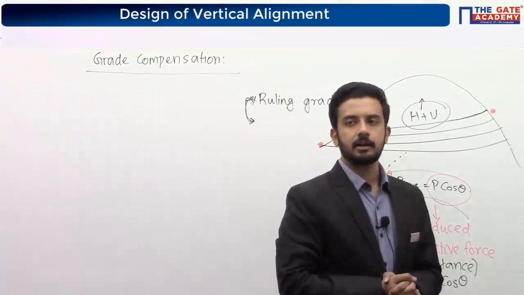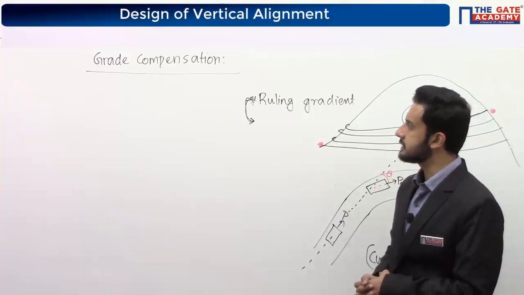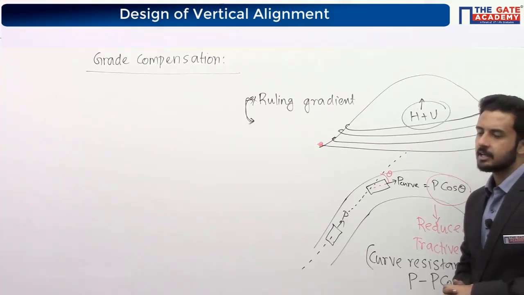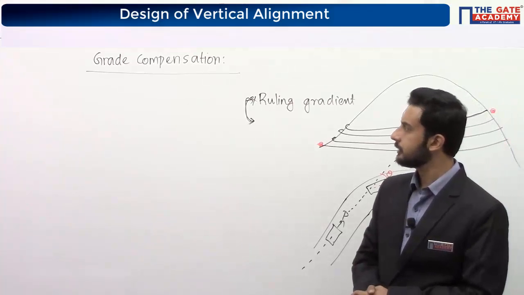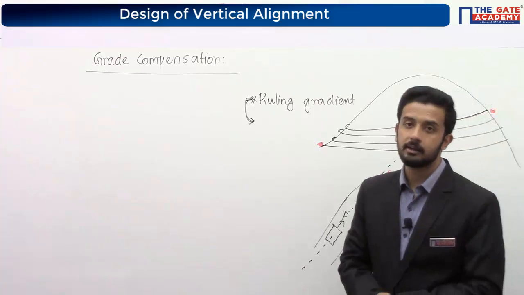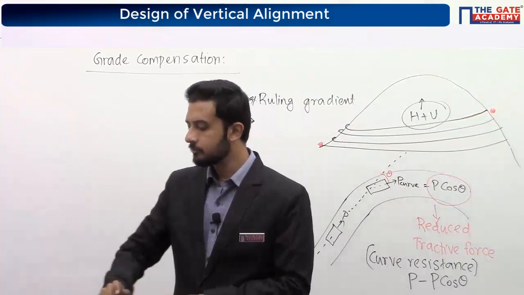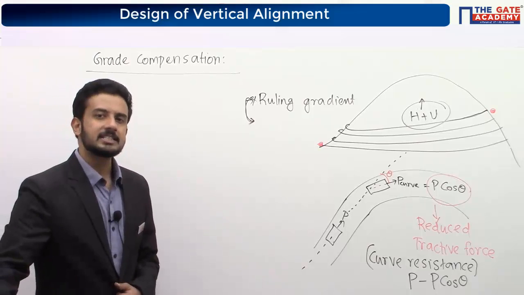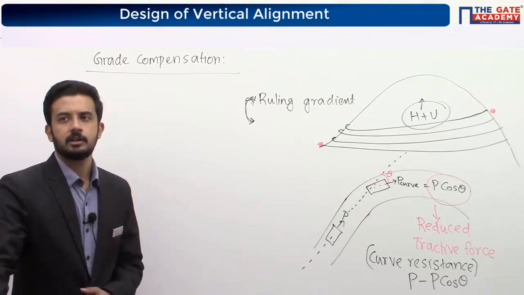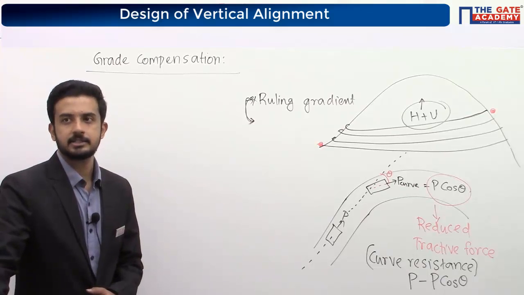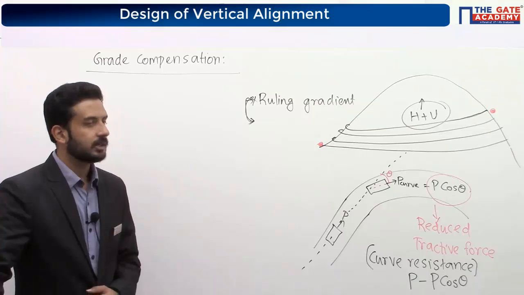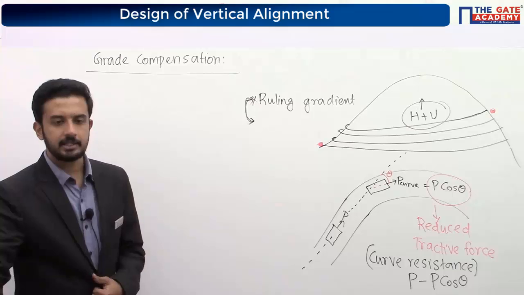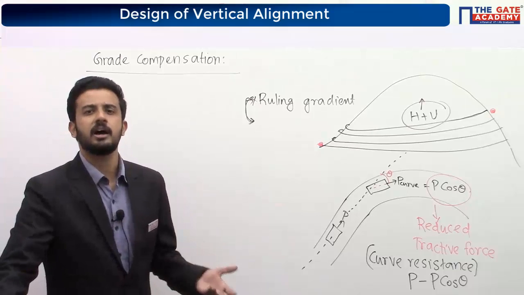When a horizontal curve is coming along with a vertical curve, vehicles will experience increased resistance or a very high resistance.